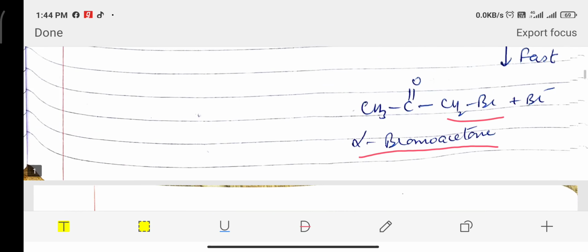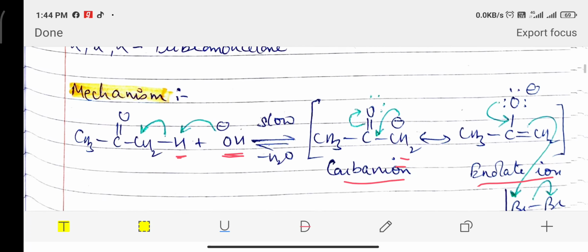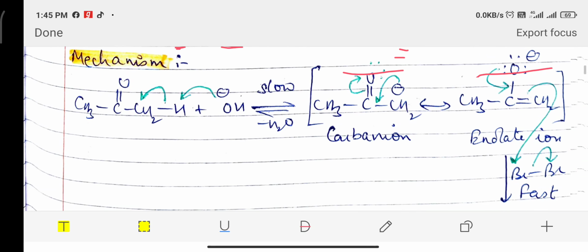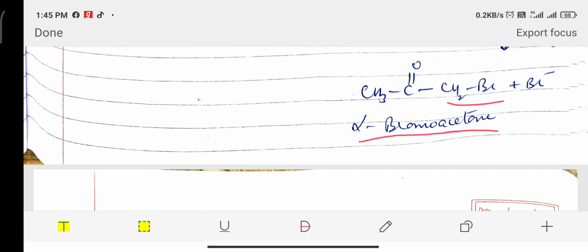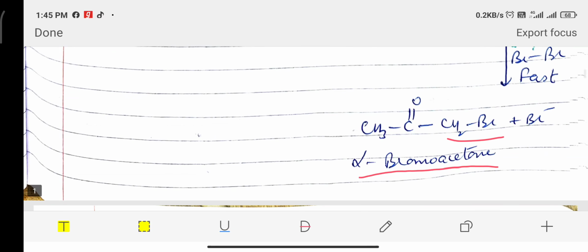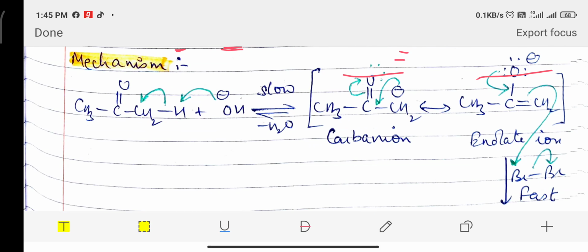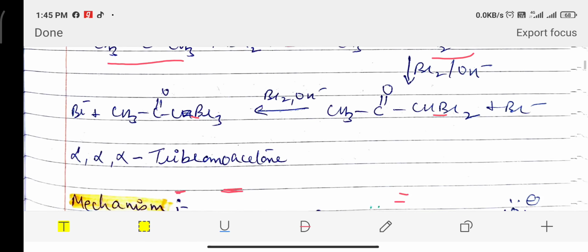But in the presence of base, when we treat it with base, in the end we do not get OH negative back. So OH negative is not released at the end.